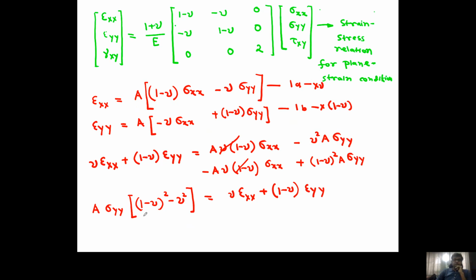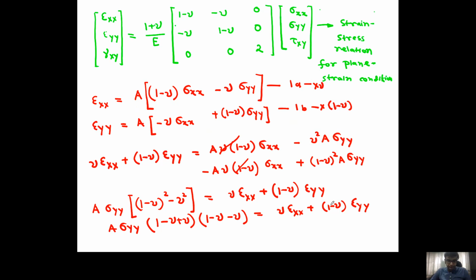And then this bracket we can write it as a sigma yy. Then in the bracket, first is a plus b, so 1 minus nu plus nu, that is basically 1. And then we have 1 minus nu, which is 1 minus 2 nu. And this is equal to nu epsilon xx plus 1 minus nu epsilon yy.